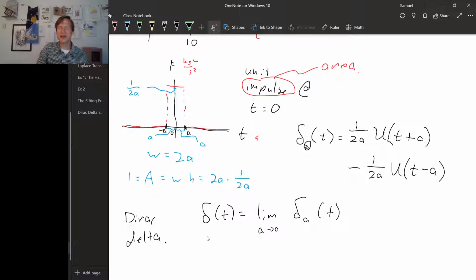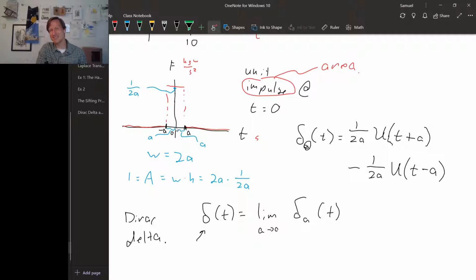And you might have noticed that I'm avoiding calling it a function, and that's because it's not really a function. If you look at this graph and take the limit as a goes to 0, this function will be 0 everywhere except at t equals 0. And at t equals 0, the height of this graph would be infinite, but that doesn't really make sense. I mean, it kind of makes sense, but what's the area under an infinitely tall spike?